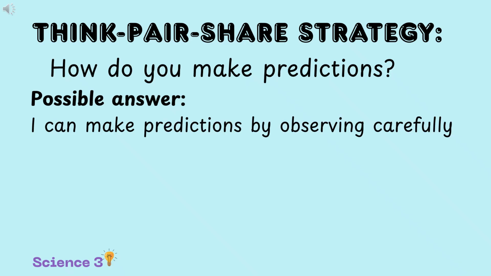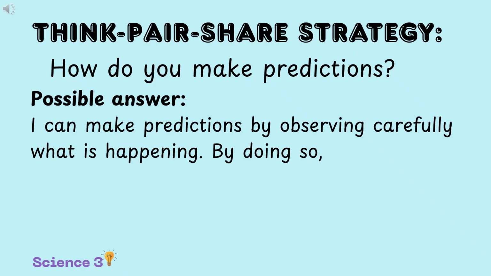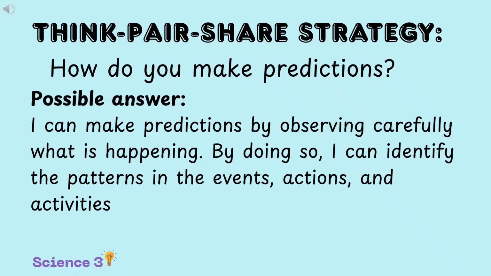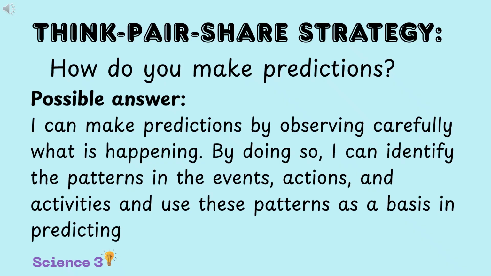I can make prediction by observing carefully what is happening. By doing so, I can identify the patterns in the events, actions, and activities and use these patterns as a basis for predicting what can happen next. Good job, kids!